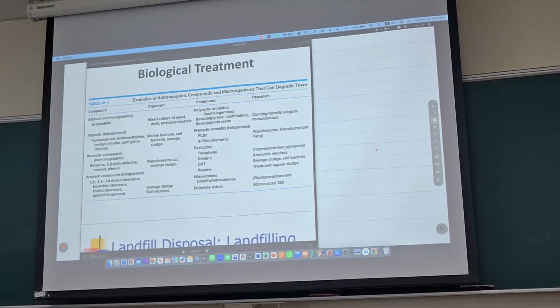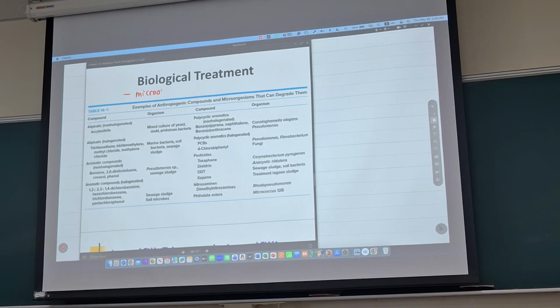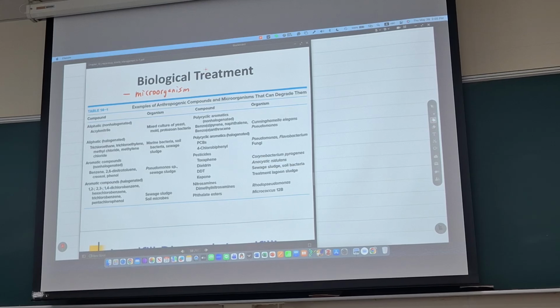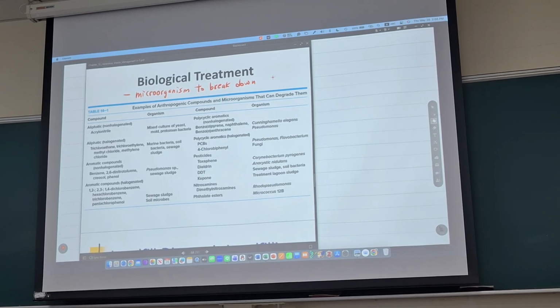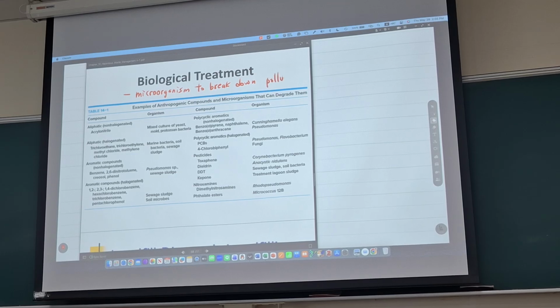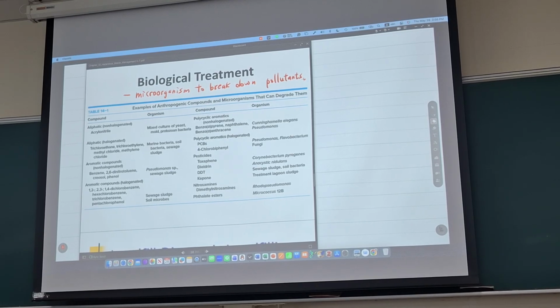Biological treatment means we use microorganisms to break down pollutants.